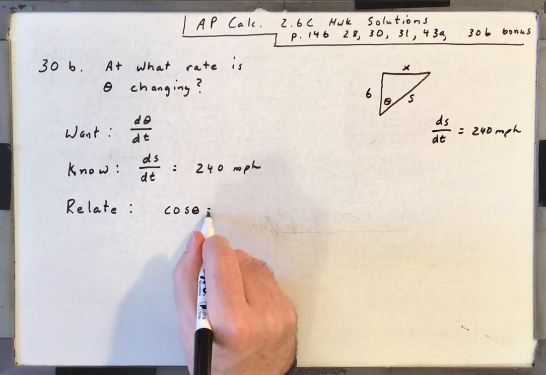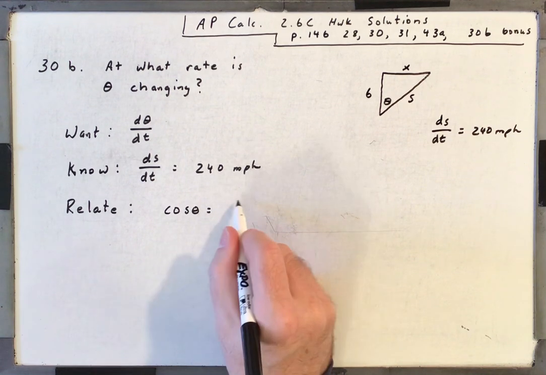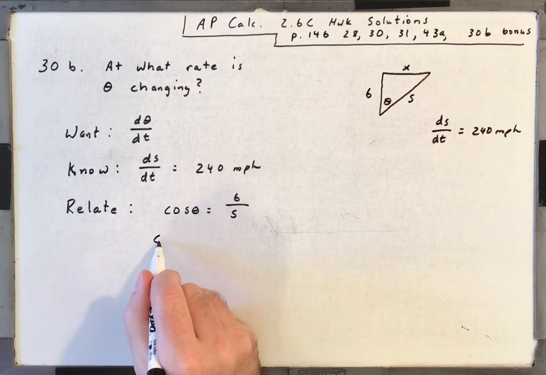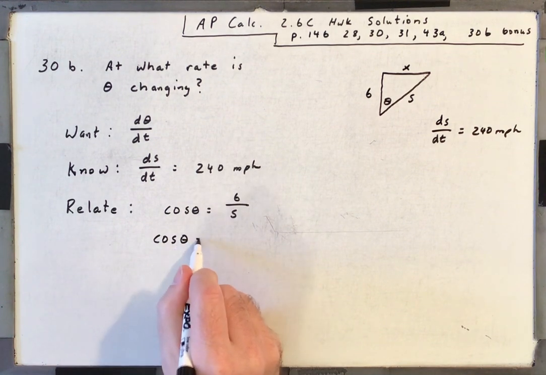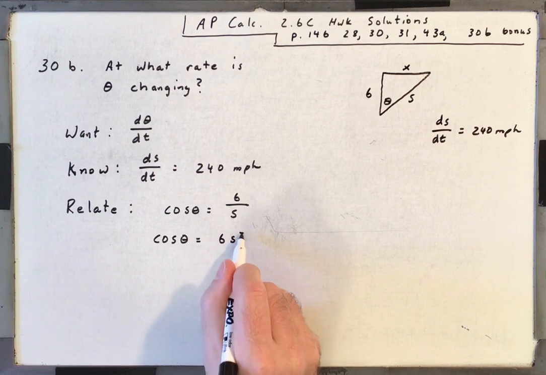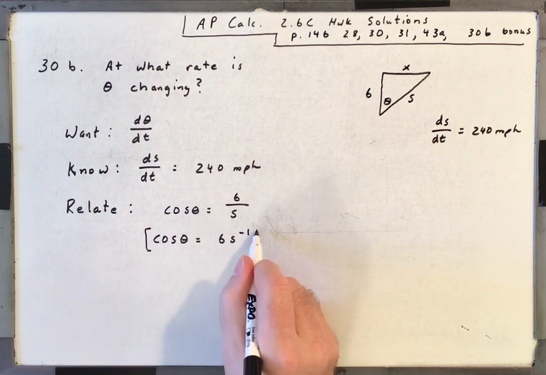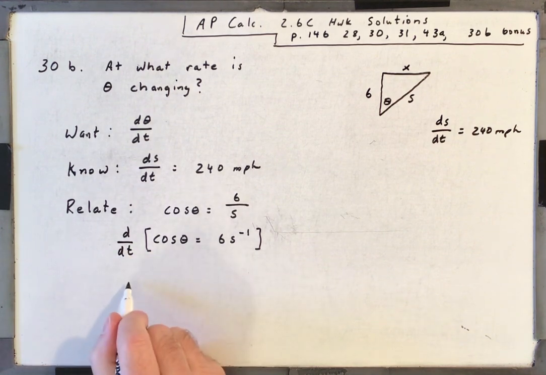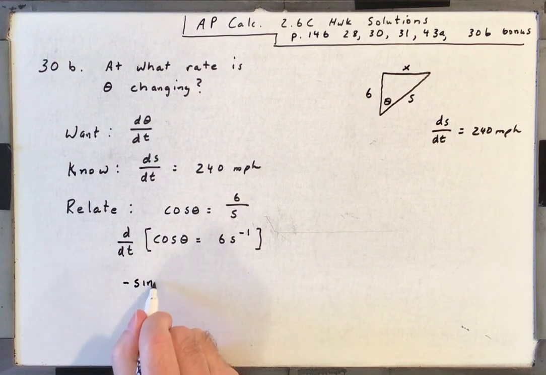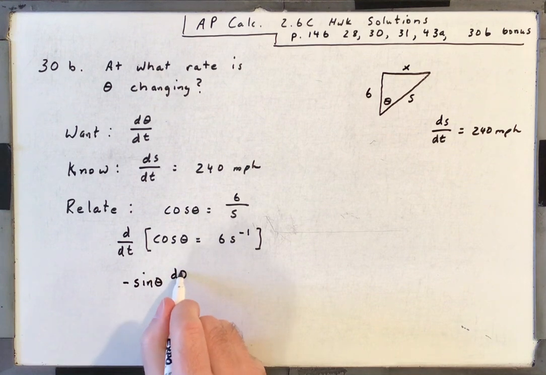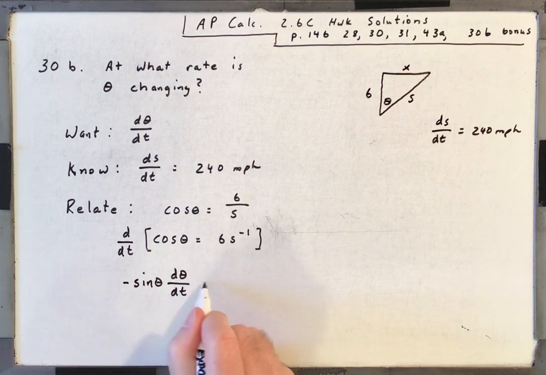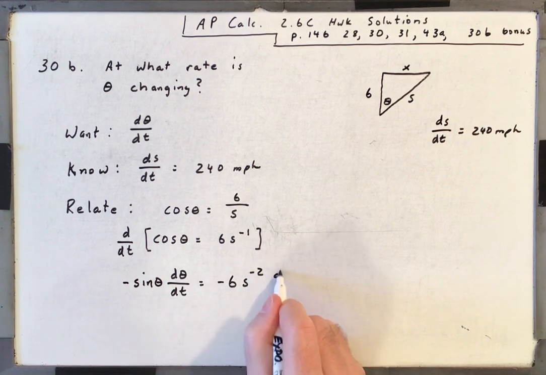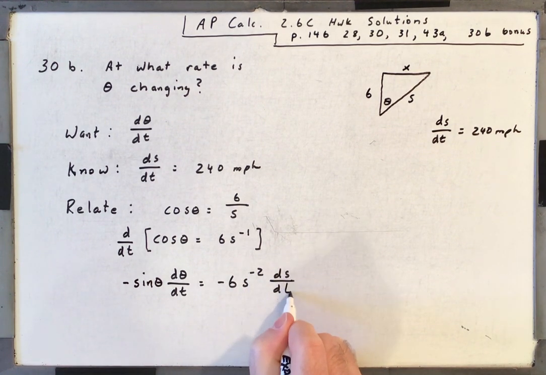Cosine theta is equal to 6 over S. So cosine theta is equal to 6s to the minus 1. And we're going to take the derivative with respect to time. So it would be minus sine theta d theta dt is equal to minus 6s to the minus 2 ds dt.